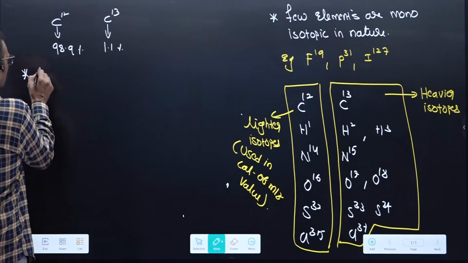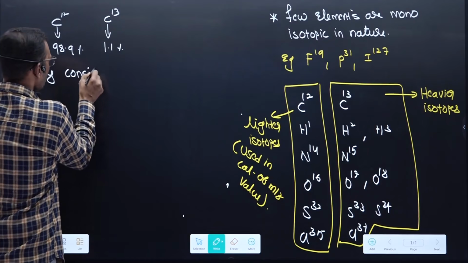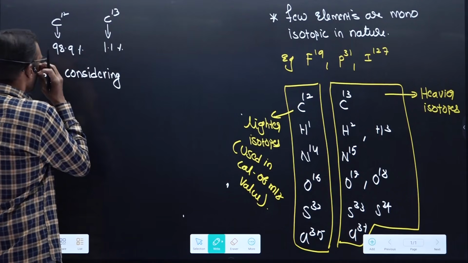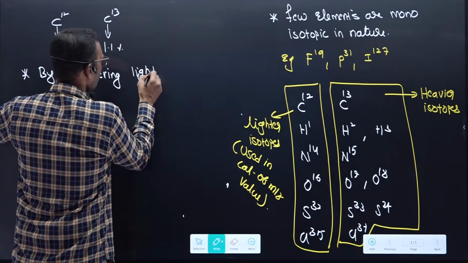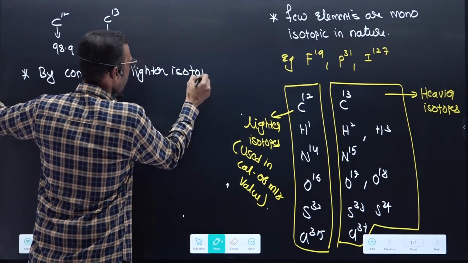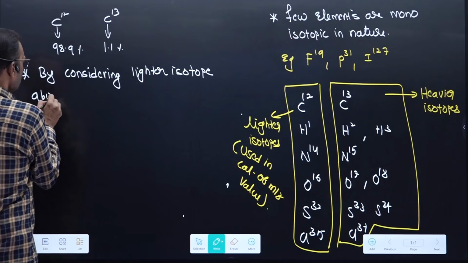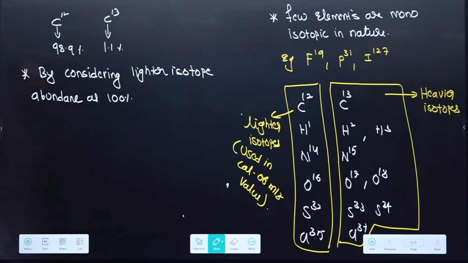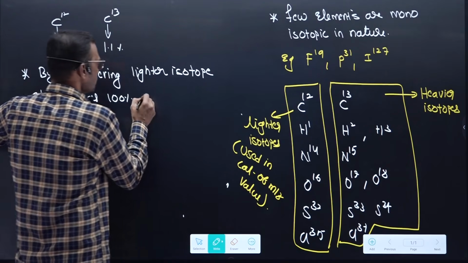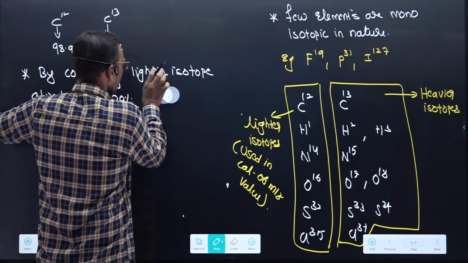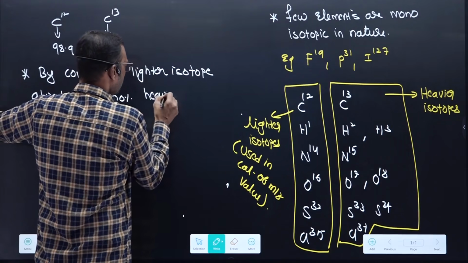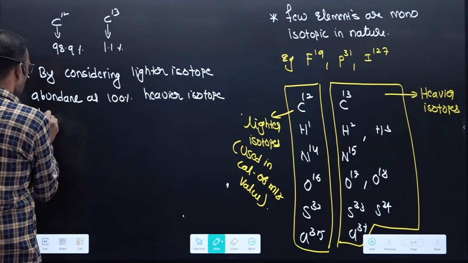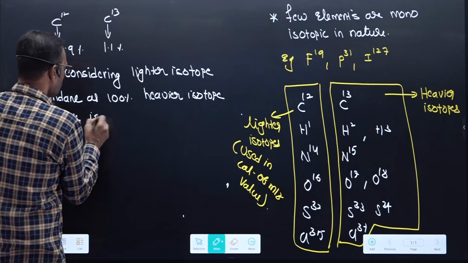By considering lighter isotope abundance as 100%, heavier isotope abundance is calculated.